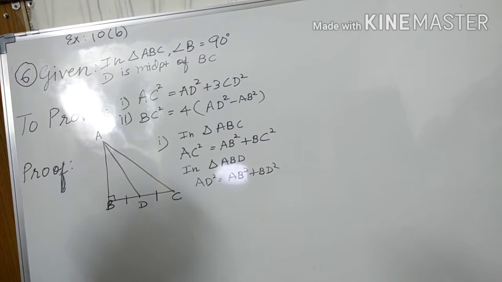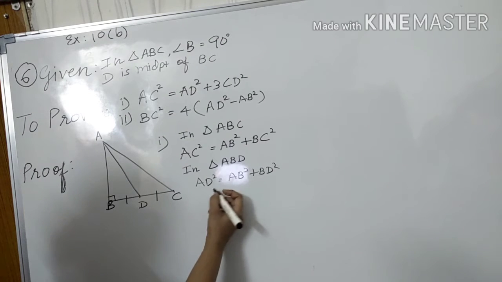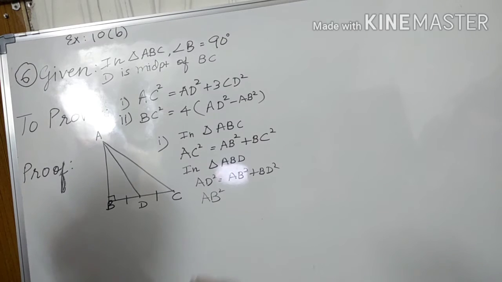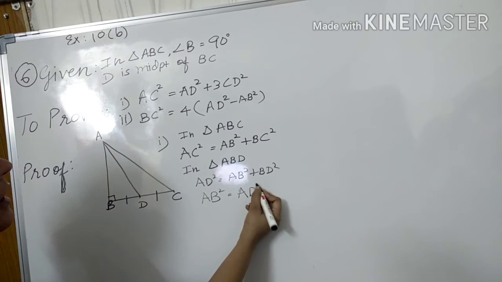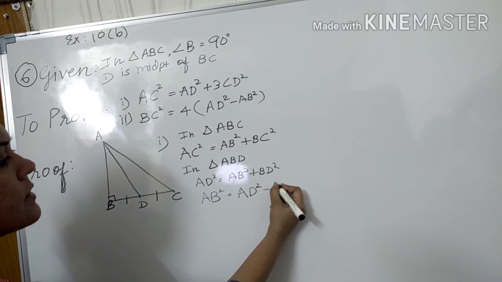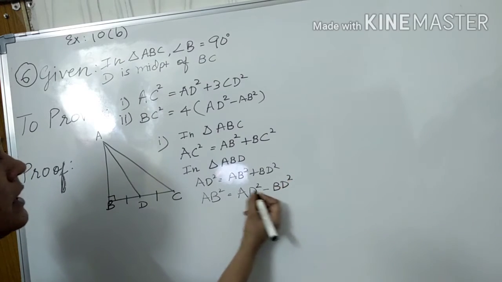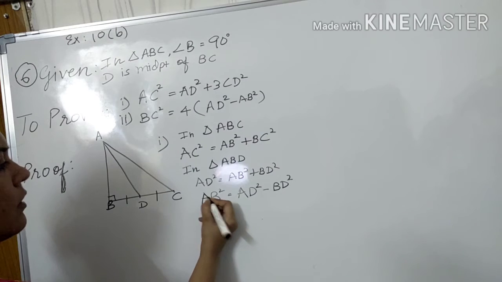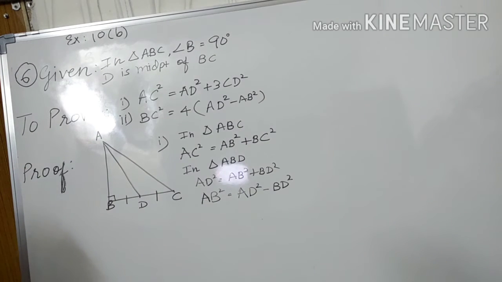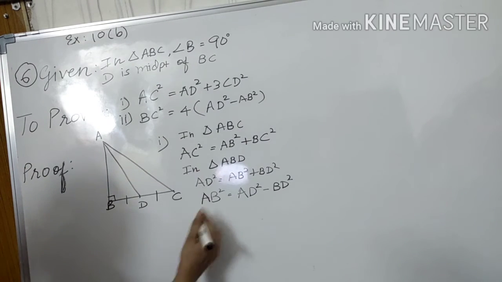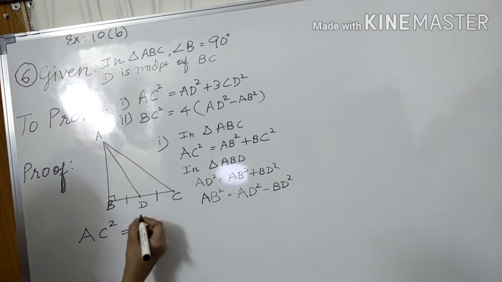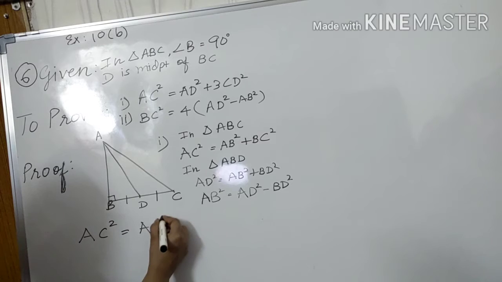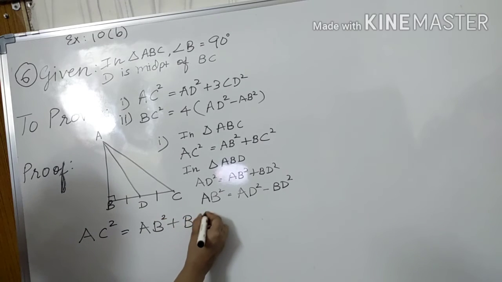Now in this result, I will make AB square the subject, students, so taking BD square to the left side, I get AB square is equal to AD square minus BD square. Now in the next step, the first result I will use again, that AC square is equal to AB square plus BC square.